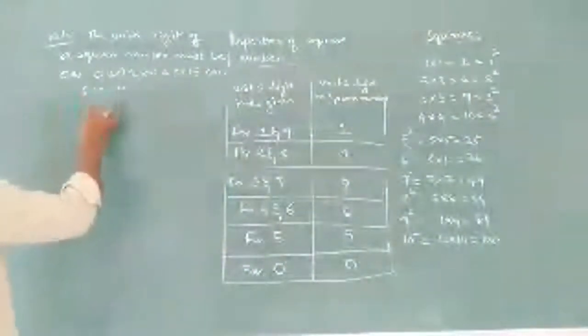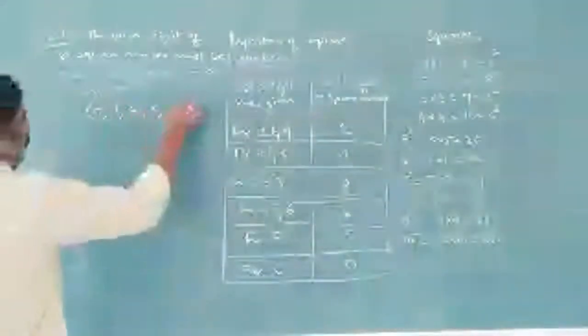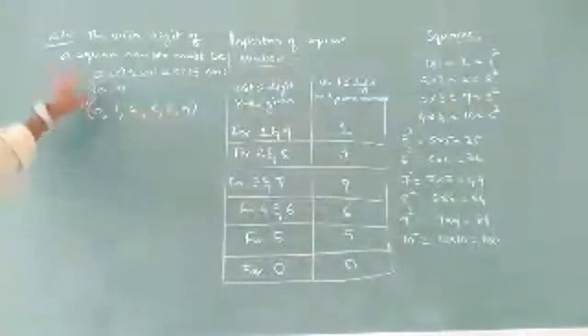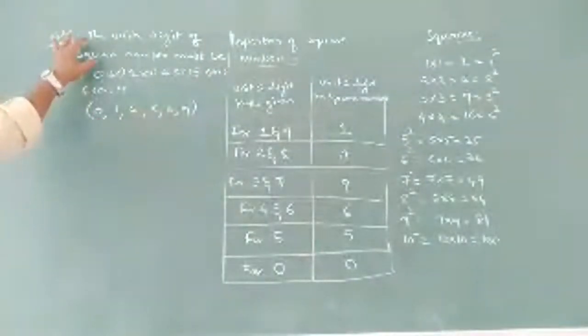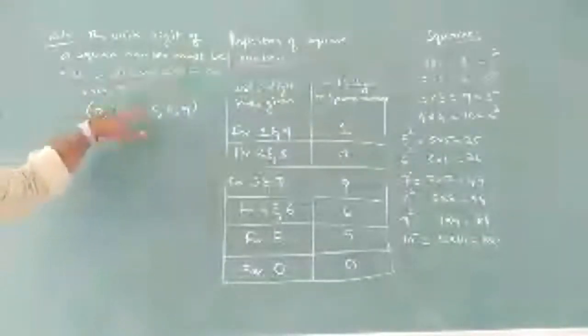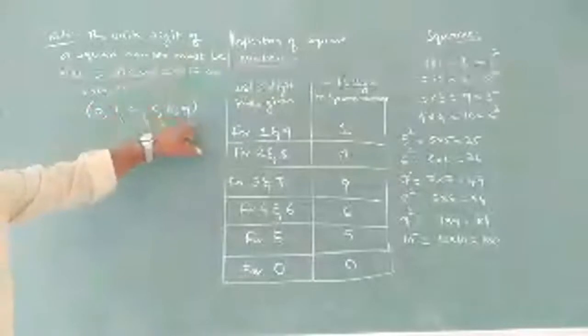So you are getting 0, 1, 4, 5, 6, 9. So if you are taking any square number, then compulsorily the units digit must be occupied by one of these: 0, 1, 4, 5, 6, 9.